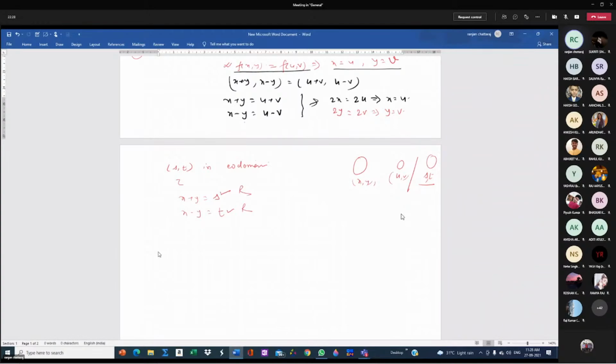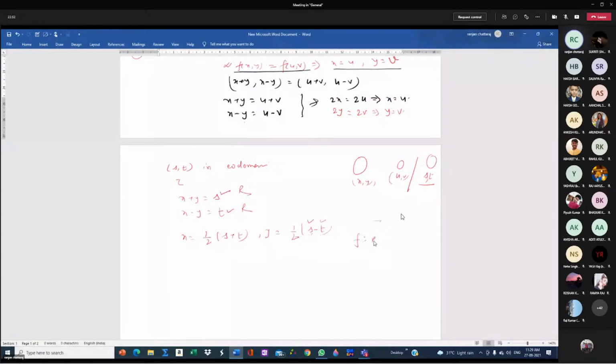So you can easily show that x is equal to half of (s plus t), and y equals half of (s minus t). So what do you see here? s and t are elements of the real numbers.